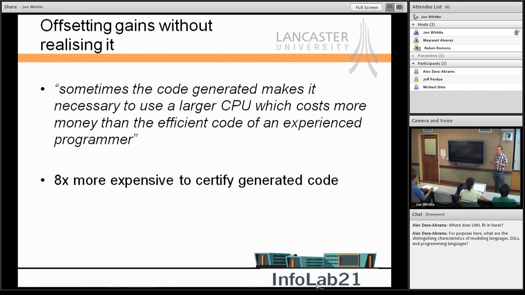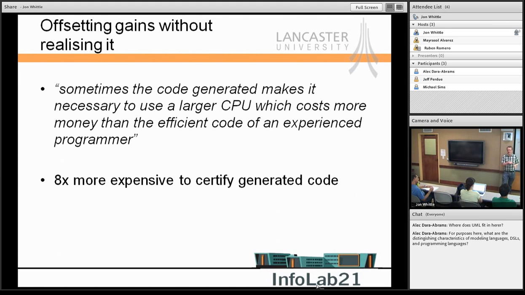The certification authority looked at it, and it was not very readable. They couldn't really see what was going on, and it didn't match their processes for certifying stuff. So they scratched their heads and went back to the client and said, well, look, our processes don't support this kind of auto-generated code, but we'll do it. We'll find a way to do it. It's just going to cost you 8 times the amount that we would normally charge.